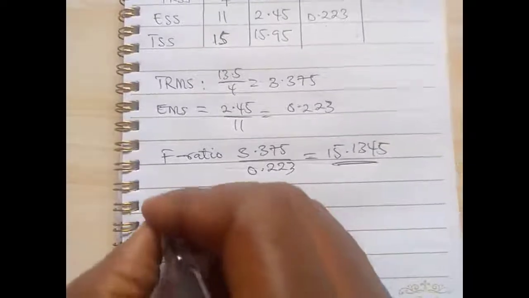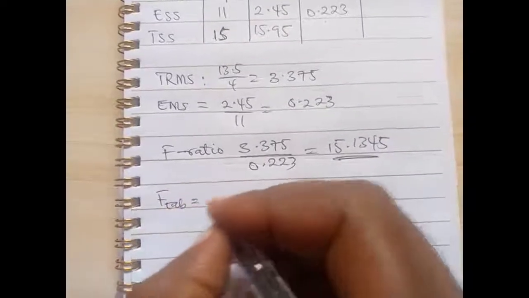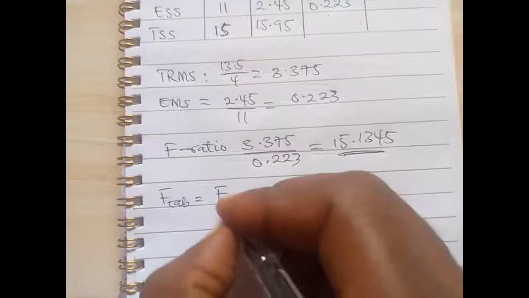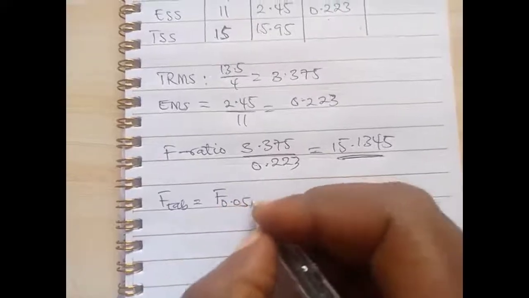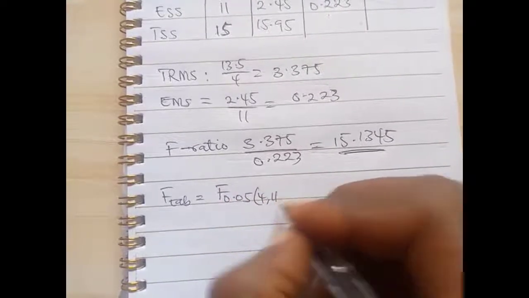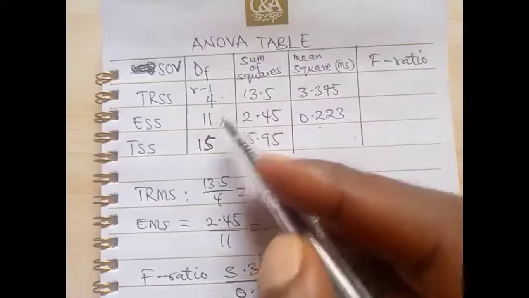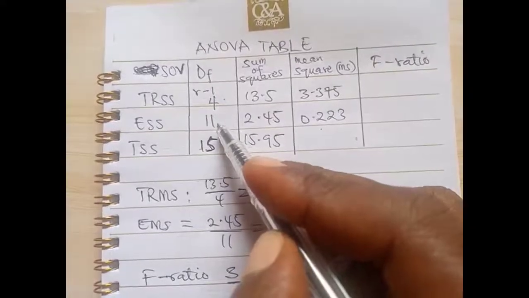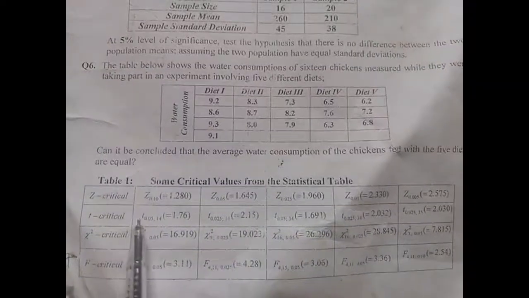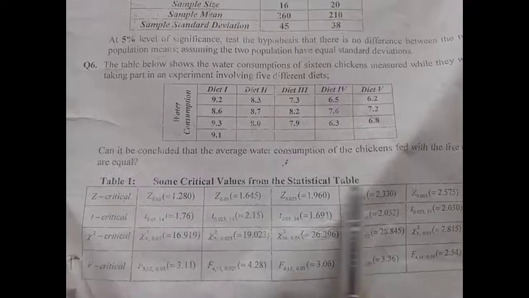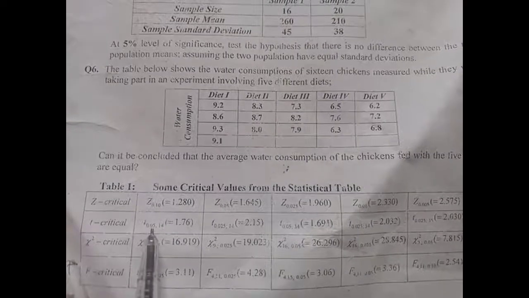We now need to find the F tabulated. For us to find F tabulated, remember it's 0.05 with 4, 11. So the first degree of freedom is 4. The second one is 11. From the question paper, the critical values were all given to make it easier. So you can see the values that we've been using. They are there.